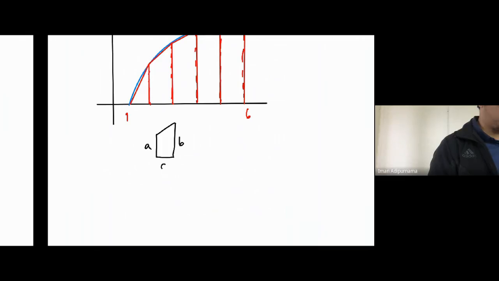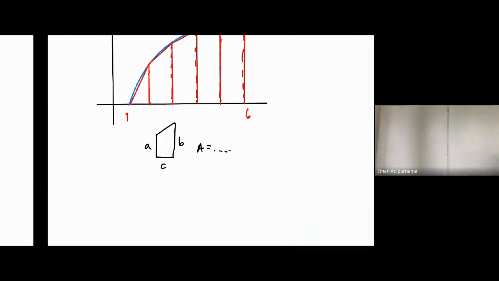This is a, b, c. What is the area of this trapezoid with a, b, c? Remember the trapezoid: (a plus b) times c over 2, right.